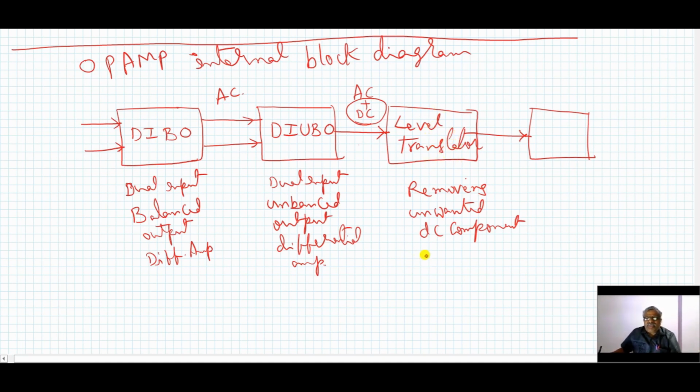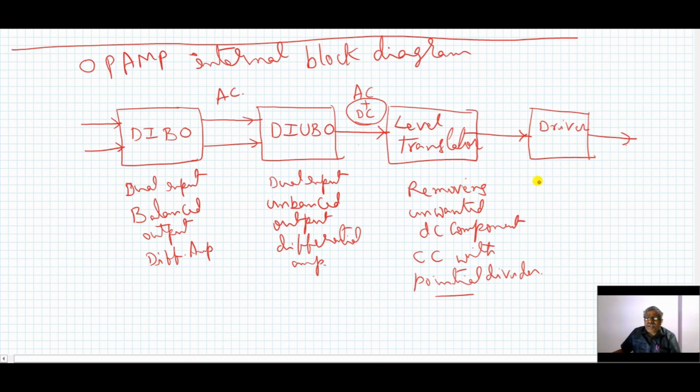Generally, here a common collector configuration with a potential divider circuit is used, which is a very simple circuit. And the last stage is called the driver stage, which consists of one input terminal and one output terminal.